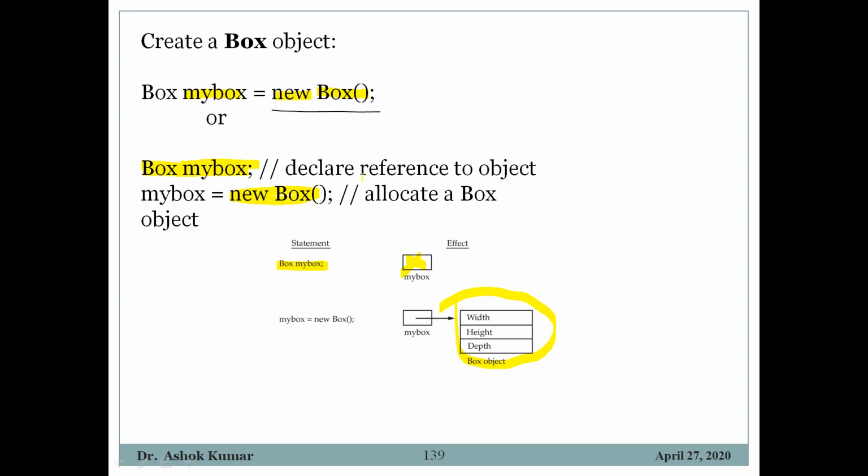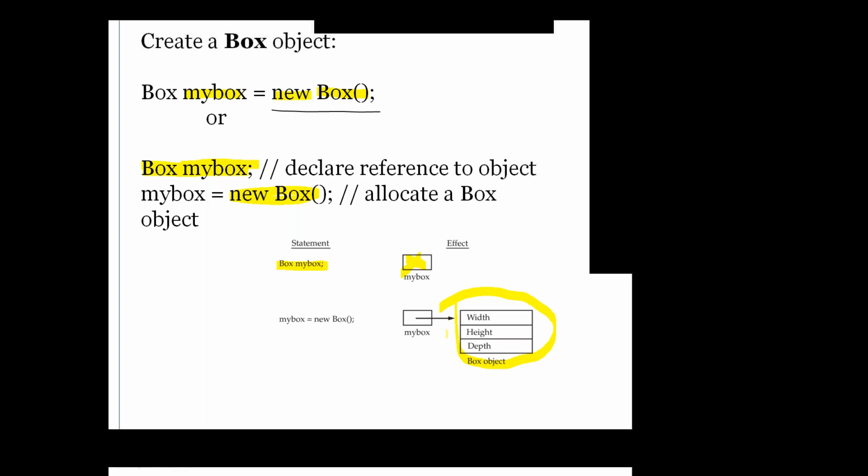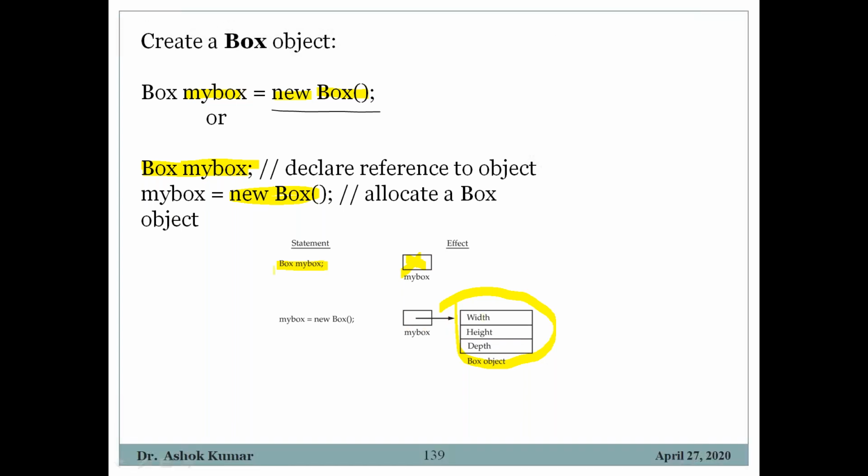The variable that you have created over here is called an instance. So mybox is basically an instance of class box. Sometimes languages use the word object. Object or instance are basically the same thing. So we can say mybox is an object or instance of class box.